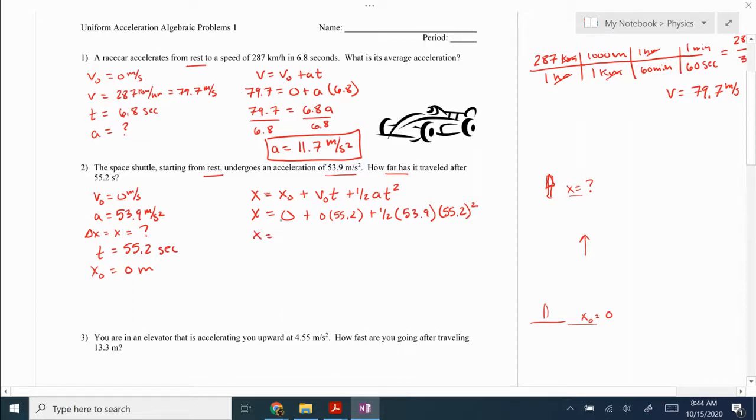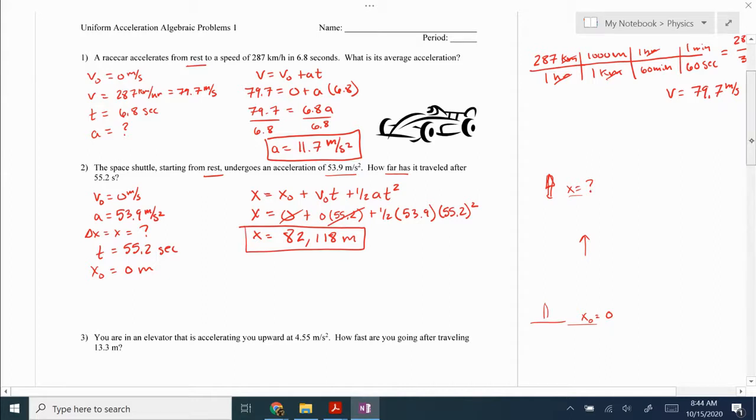These two terms go away, so we just have the last term. So 0.5 times 53.9 times 55.2 squared. Make sure only the 55.2 is squared. And you get the x position is 82,118 meters.